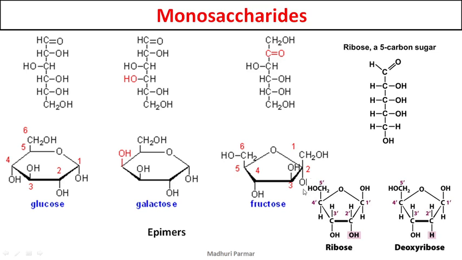The fifth carbon will be outside, and 4 carbons form the ring. If the second carbon has OH, it is the normal ribose. And we shall see in DNA, the ribose sugar loses one oxygen. So here there is a difference: the carbon has 2 hydrogens attached to it. This is called deoxyribose. One oxygen is missing. Clear? So ribose and deoxyribose.